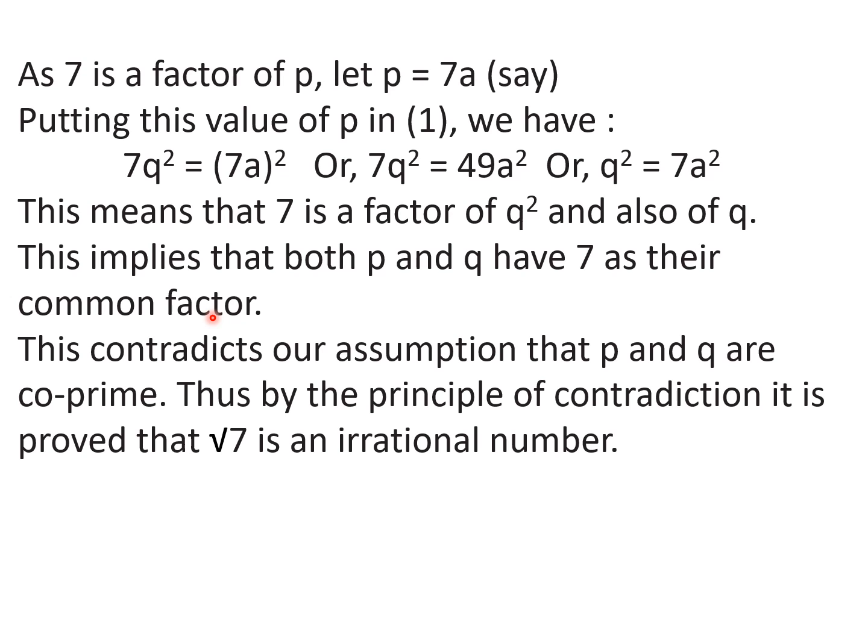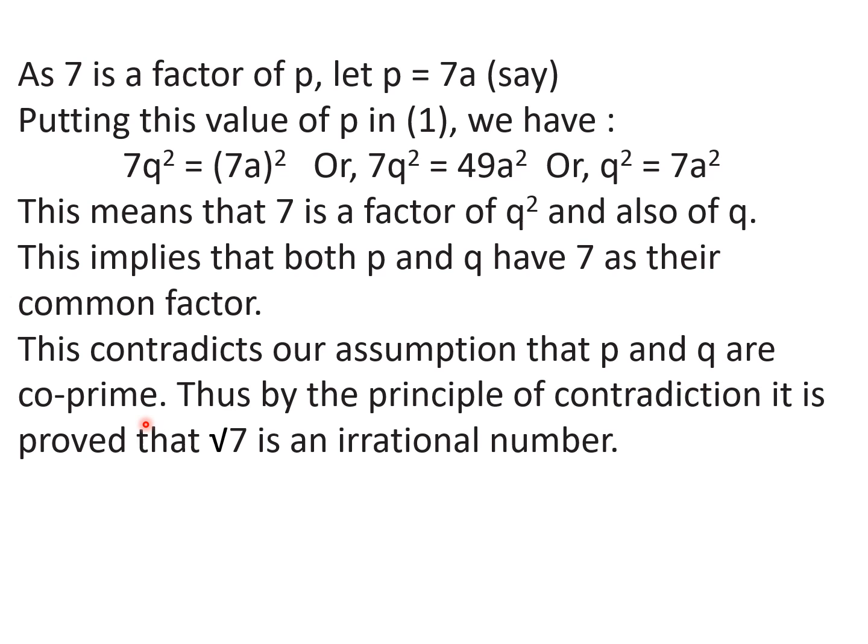When we say p and q are co-prime, this means that p and q do not have any common factor other than 1. But here p and q have 7 as their common factor. So this contradicts our assumption that p and q are co-prime.